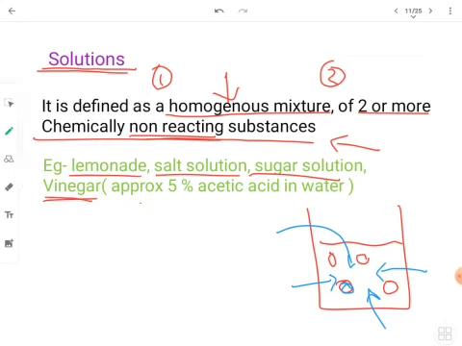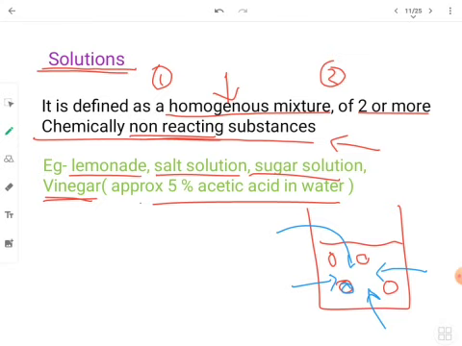Another example is vinegar. Vinegar is basically sirka, which might be available in your kitchen at home. Now what is vinegar actually? Vinegar is 5% acetic acid in water. That means when you take 5% acetic acid and dissolve it in water, it forms a homogeneous mixture which has uniform taste throughout, and they are not reacting with each other.